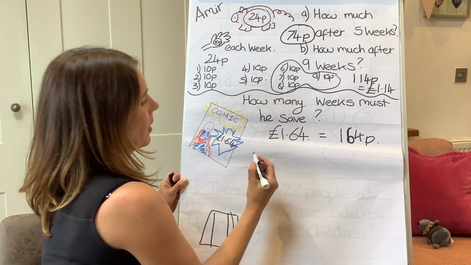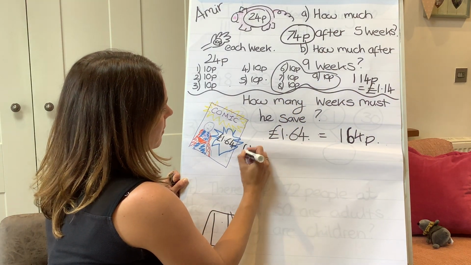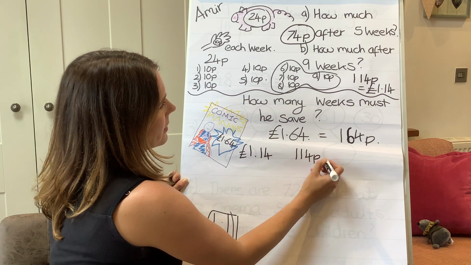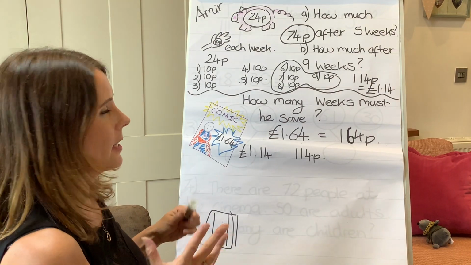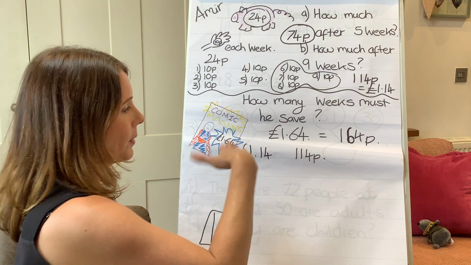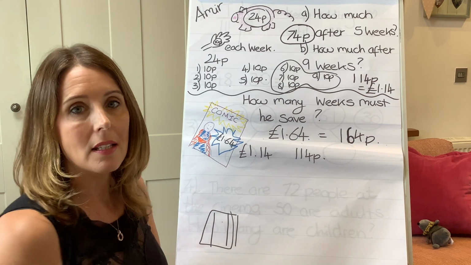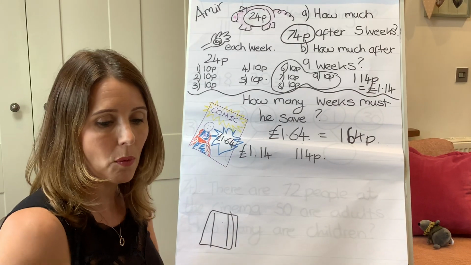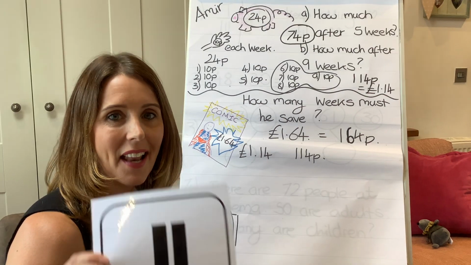He's already got £1.14 or 114 pence. How many weeks must he save to get £1.64? So count on in your tens to get to £1.64. How many tens? So how many weeks will it take? So pause it and have a go at that one.